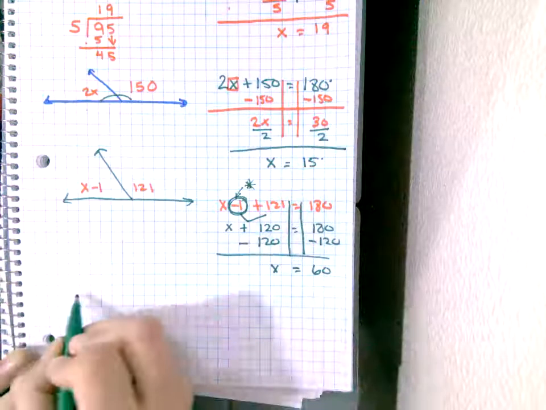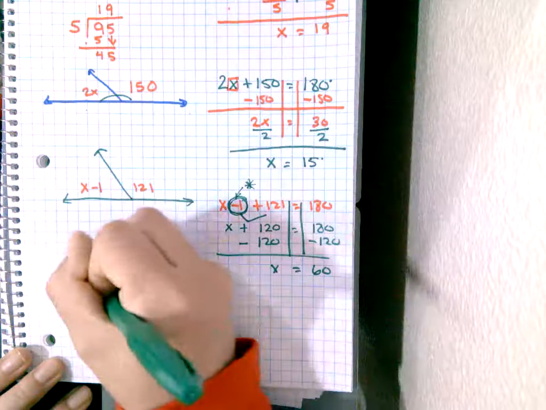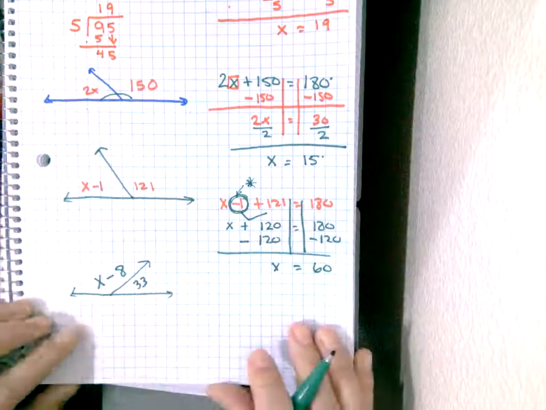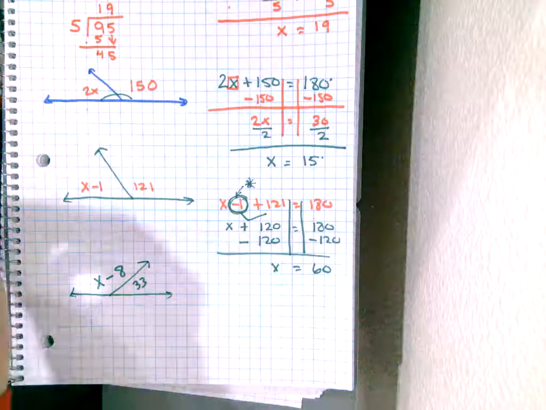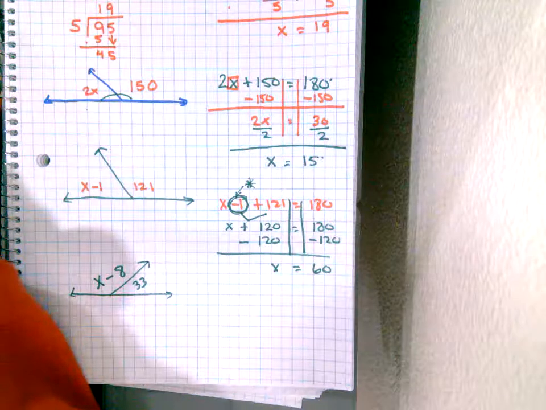Okay, let's do another one like this because, again, I saw it a lot. And I was kind of like, yikes. x minus 8 and 33 degrees.